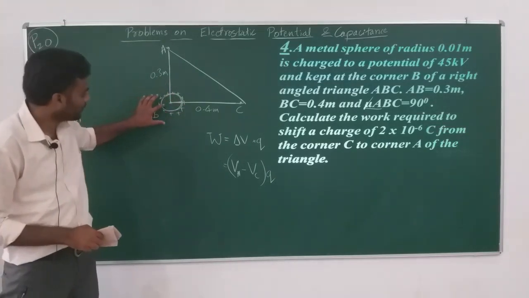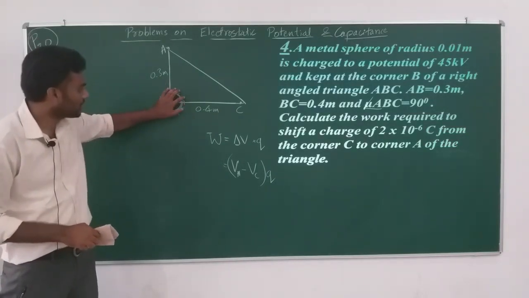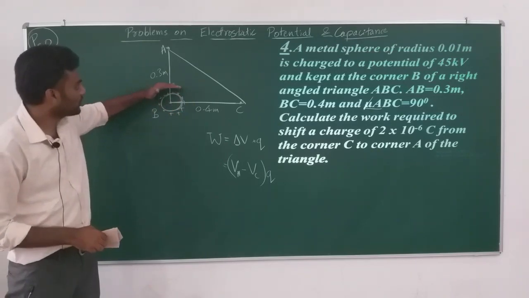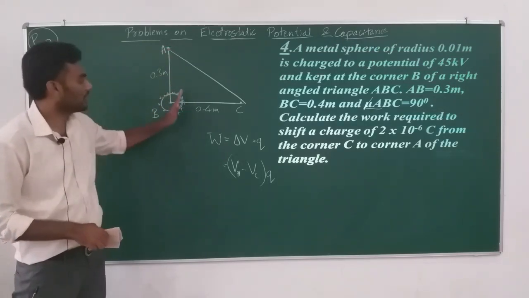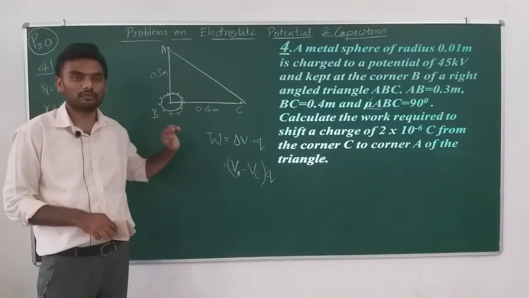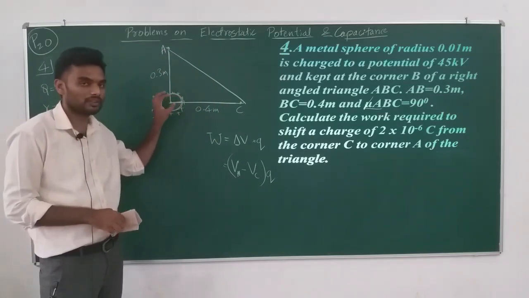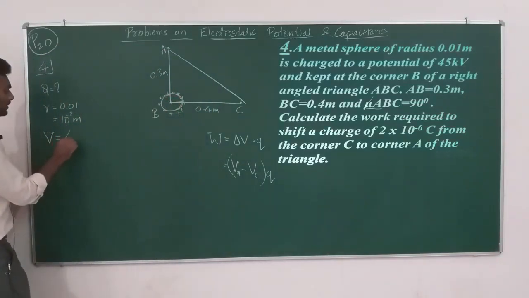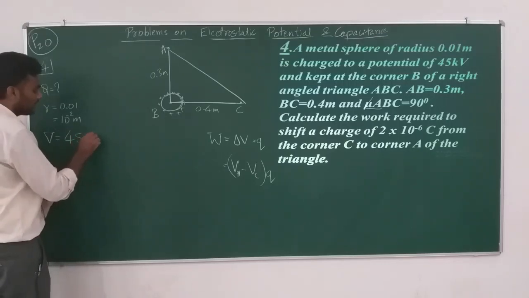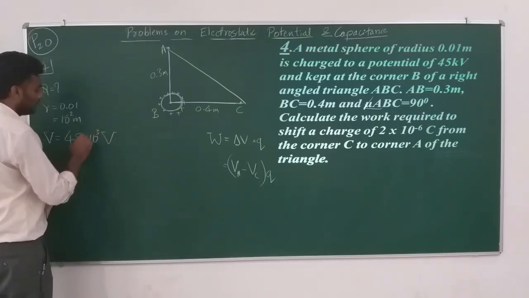As we move away, potential decreases. So it is 45 into 10 to the power of 3 volt.